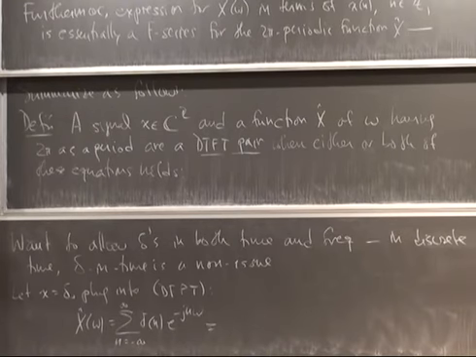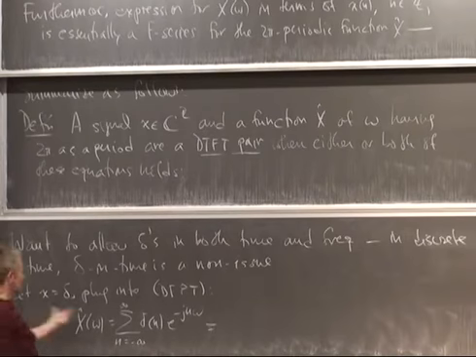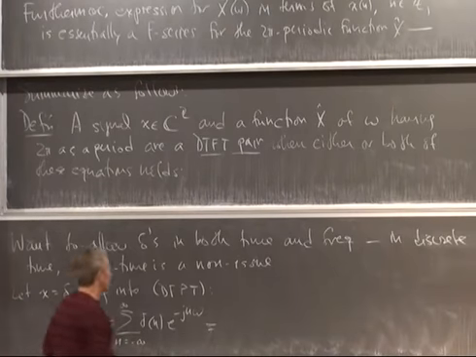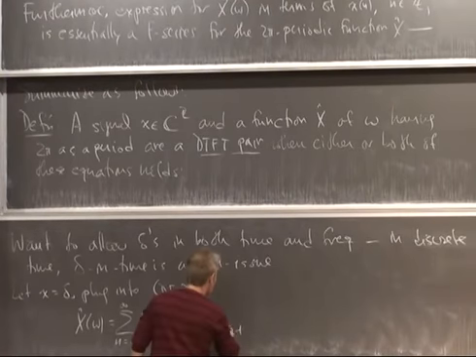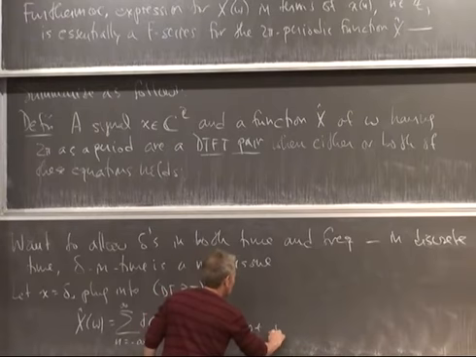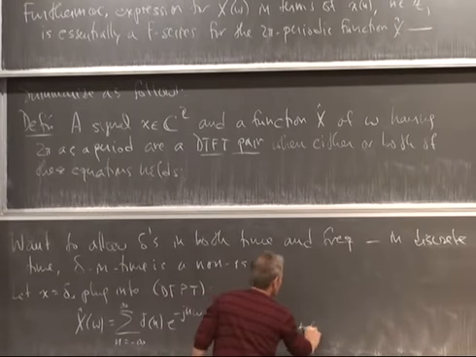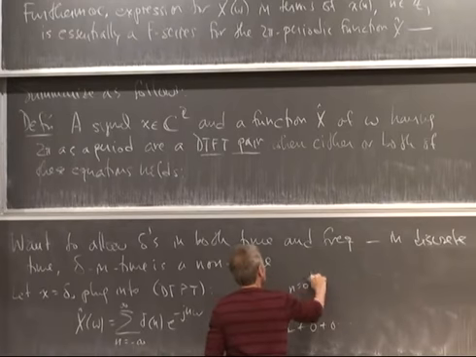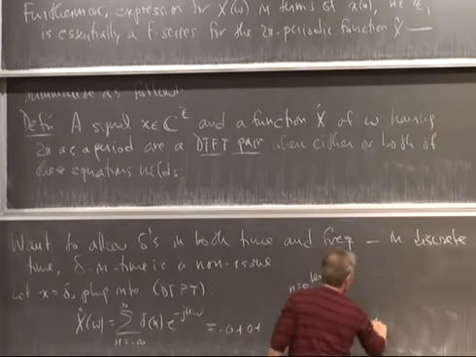One. Okay. And which one is it? Sorry? n equals 0. So it's equal to 0 plus 0 plus 0 plus 1 plus 0 plus 0. And this is the n equals 0 term. It equals 1 for all omega.